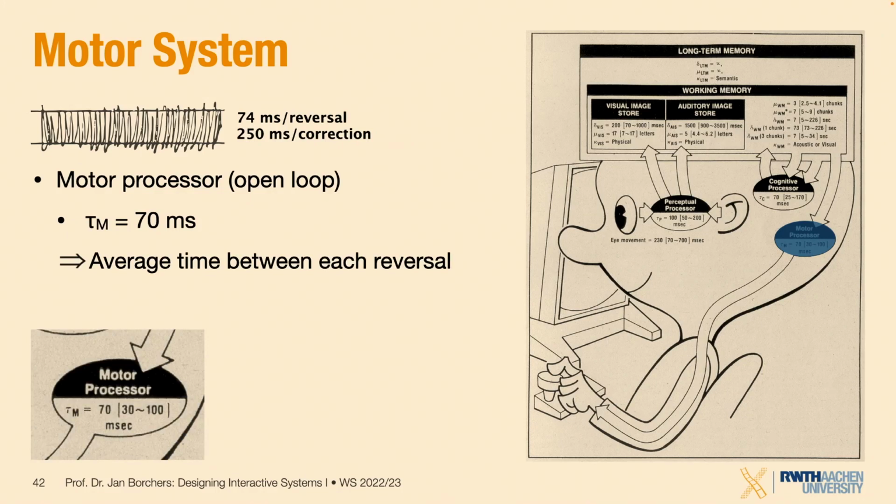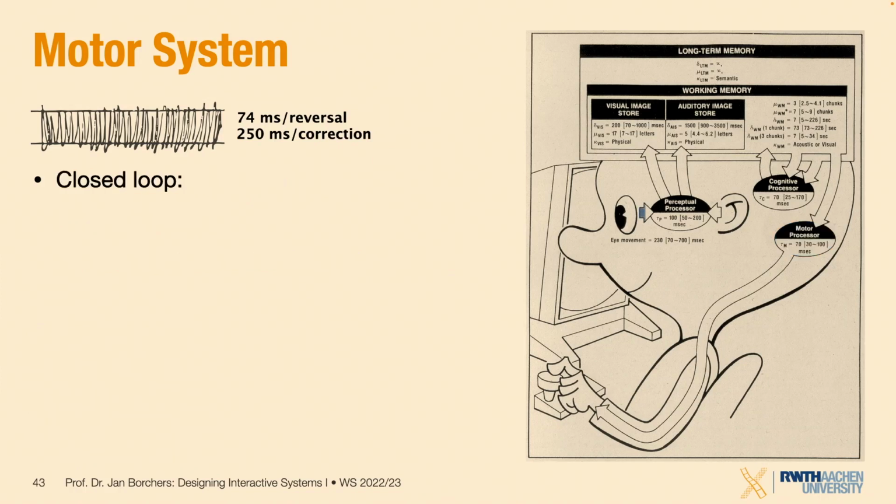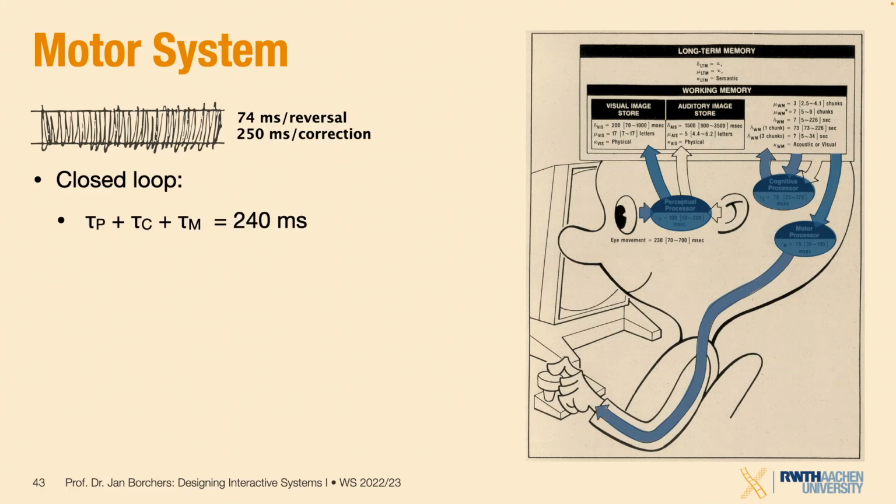But if we take the closed loop, then you're looking at this stuff, the perceptual processor says, oh, this is too long, then your cognitive processor says, all right, let's make these lines shorter, and the motor processor needs to react to that as well. That takes 240 milliseconds on average in a large population. So that's the average time between each correction. Great. So that should help us figure this out.